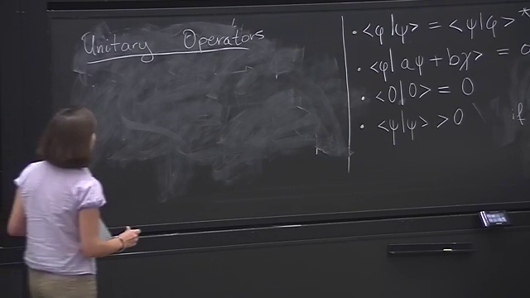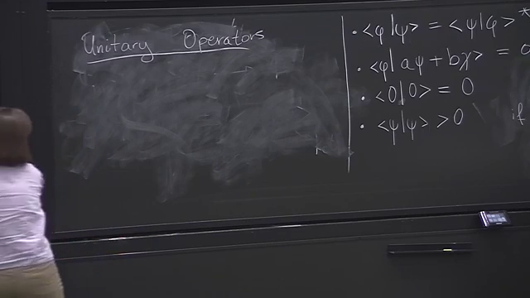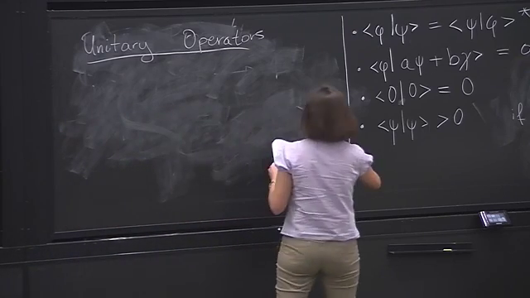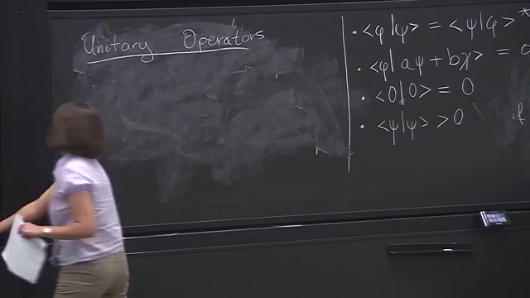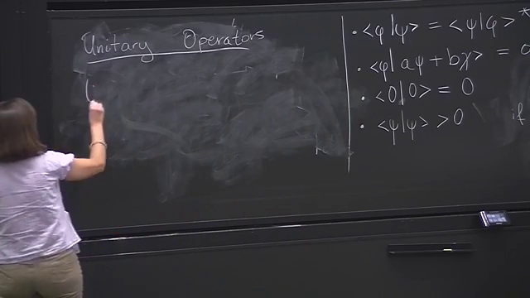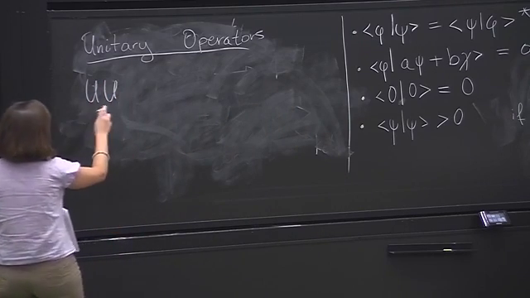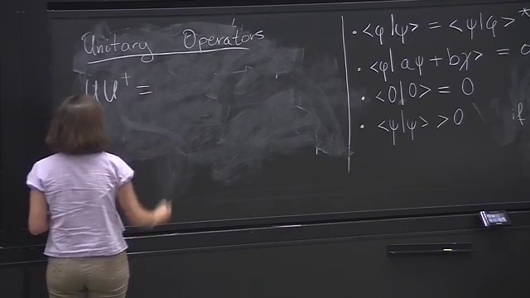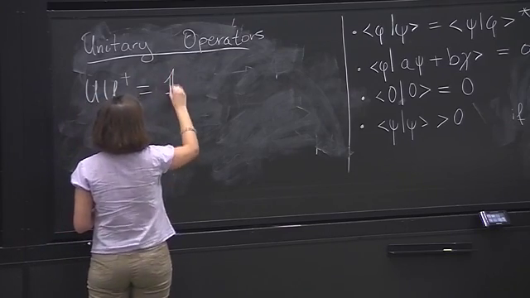That's why we always talk about unitary evolution in quantum mechanics. By definition, a unitary operator is one for which u dagger u is equal to the identity operator.